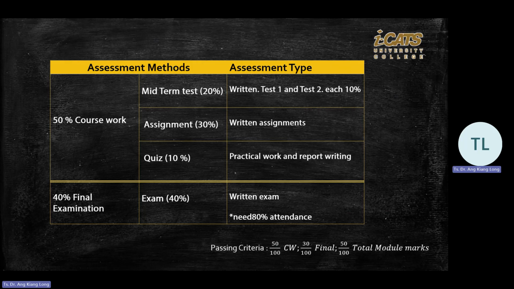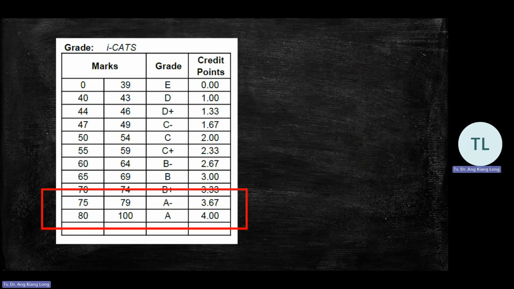I give you 1 question, like a tutorial question, then you do it, then you pass it up. This maybe 5 times in 1 semester, or it depends. Final exam 40%. This one needs 80% attendance. Any question on the assessment? No? Okay, so this is the grading.